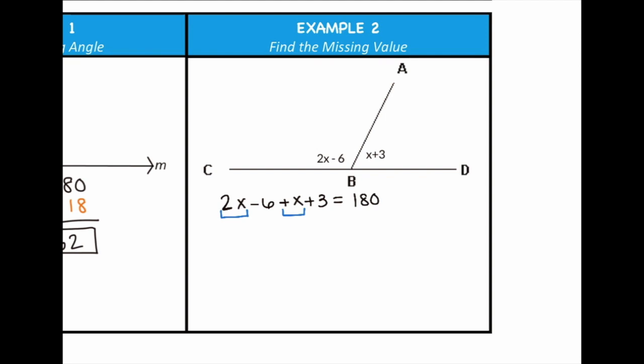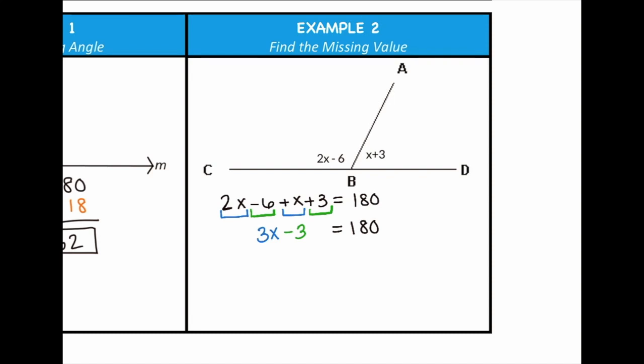The ones underlined in blue are like terms that have a variable. The ones underlined in green are like terms that are constants. They're just numbers. So 2x plus x is 3x, and then negative 6 plus positive 3 is negative 3, and this needs to equal 180.